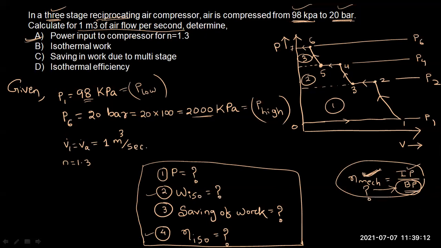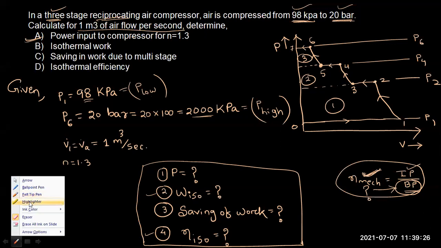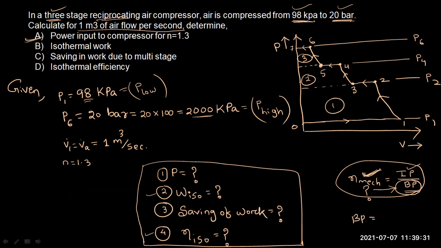Because to calculate brake power, this is the formula, but in this formula they have not given the mechanical efficiency. Otherwise, one more brake power formula is brake power equal to 2 pi N T divided by 60,000. The speed of the engine they have not given, and the torque value also they have not given. So it is not possible to calculate brake power from the given data.